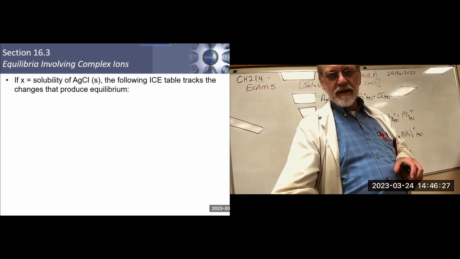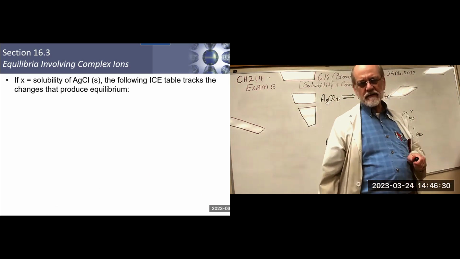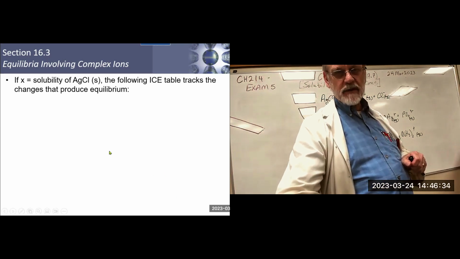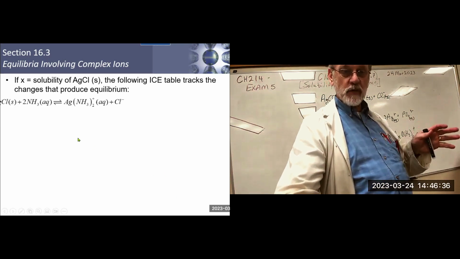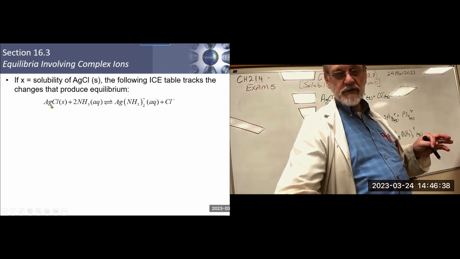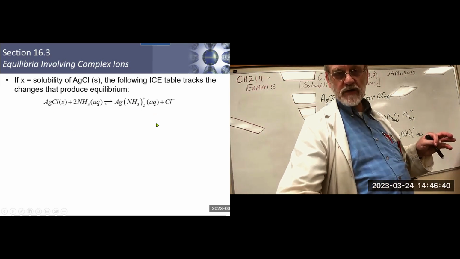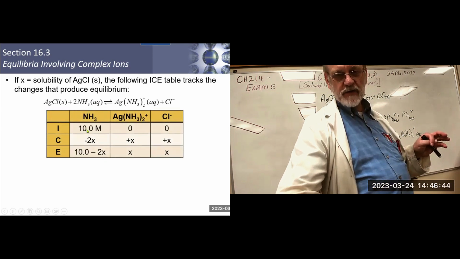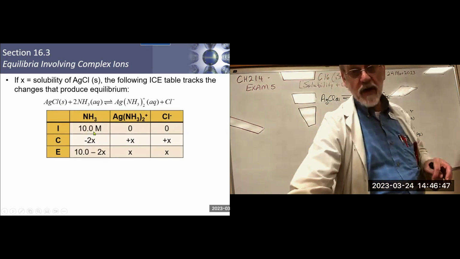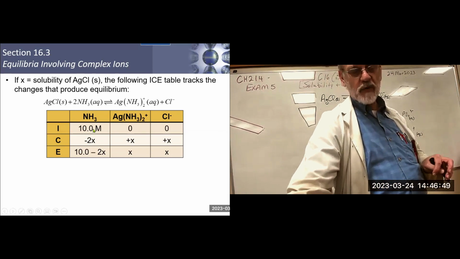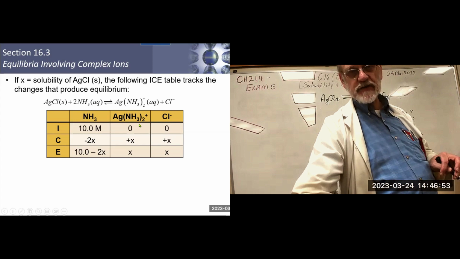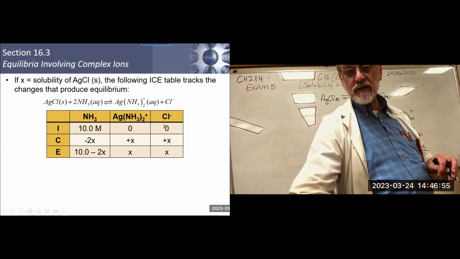Okay, so if x is the solubility of silver chloride, this is the following ICE table that tracks the change that produces equilibrium. Here's the overall balanced equation. And we have ammonia here at a certain concentration. Actually, I was way off, 10 molar ammonia. And we have this concentration to start with and this concentration to start with, right?